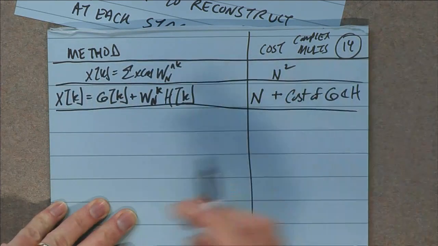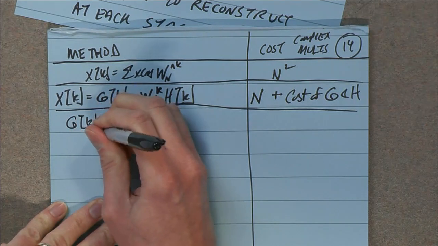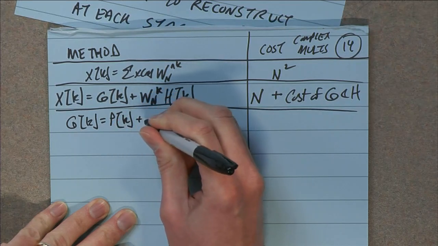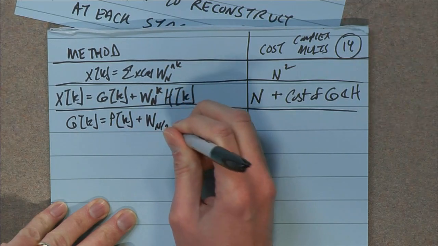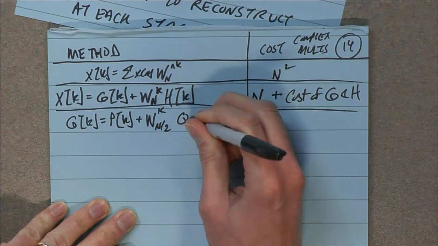Now let's go one step further and say, well, now I'm going to do it by the method of G equal to P of k plus, what's this one, W_{N/2}^k times Q of k.